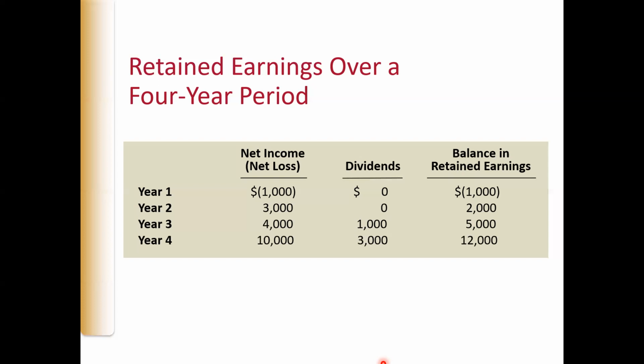In year four, we start with 5,000. The net income is 10. We have dividends of 3. So our 5 plus our 10 minus our 3 would show a balance of retained earnings at the end of the year of $12,000.